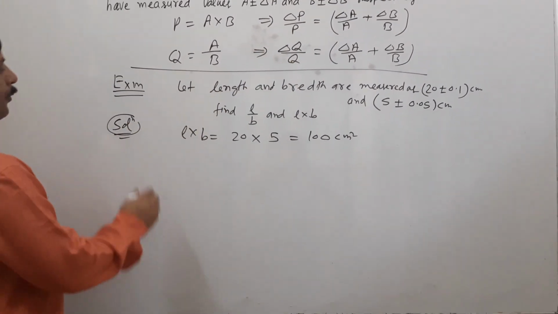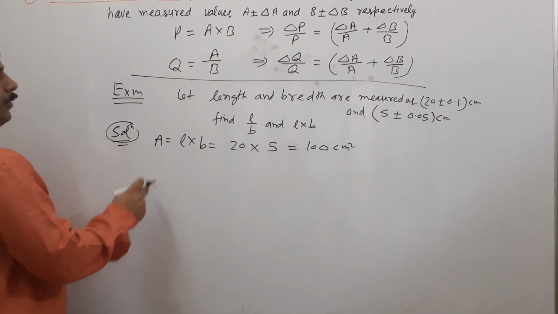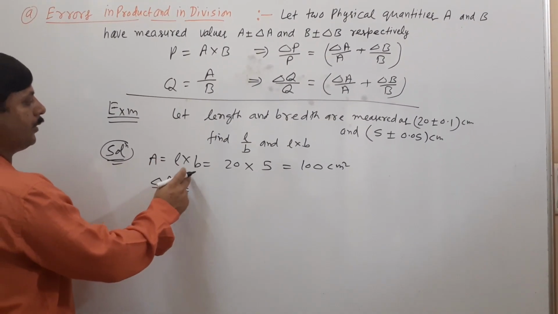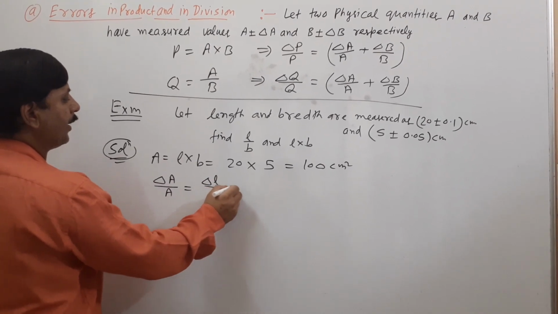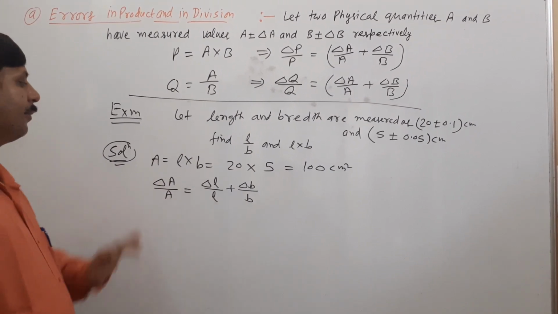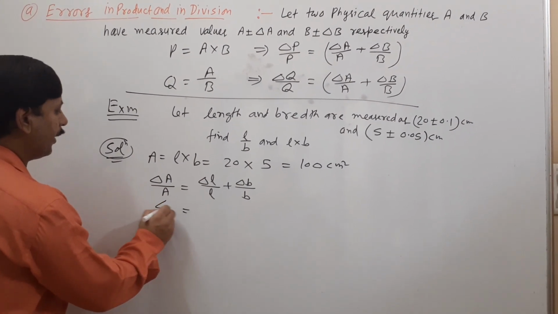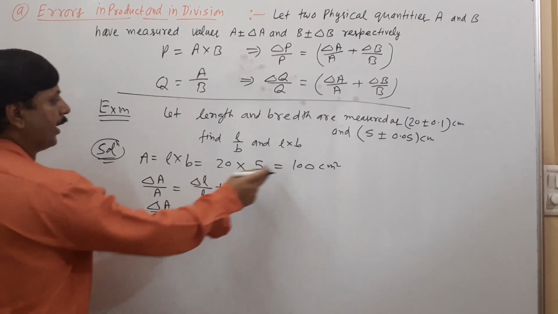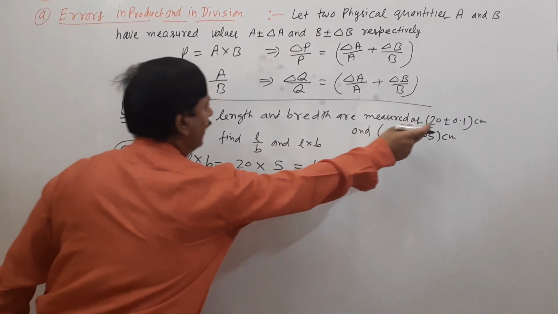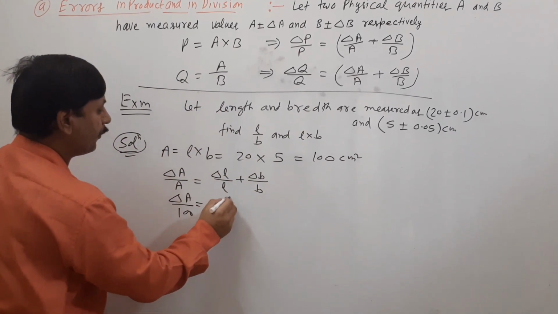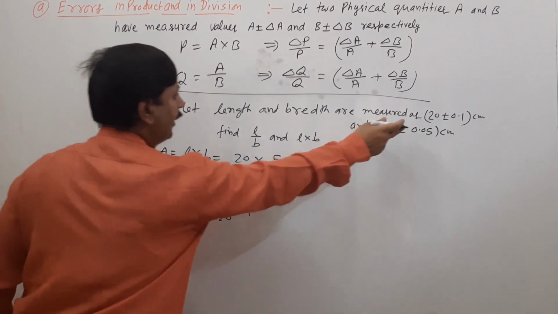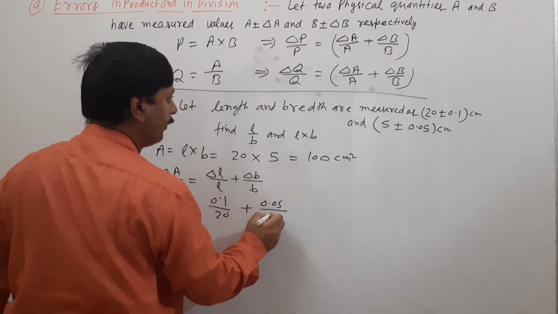Suppose this is denoted by A. So the relative error del A upon A is equal to del L upon L plus del B upon B. In the product, the relative error is the sum. Putting it here, del A upon 100 is equal to del L, 0.1 divided by L, 20, plus del B, 0.05 divided by 5.